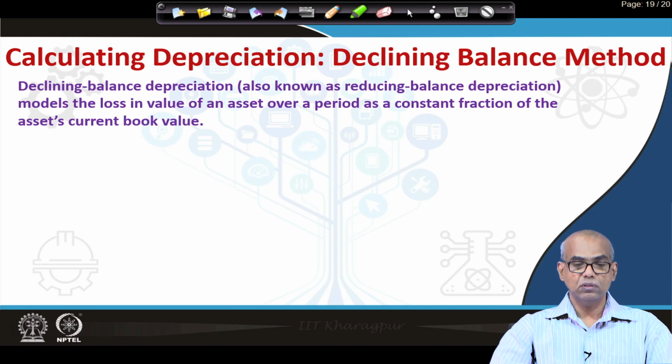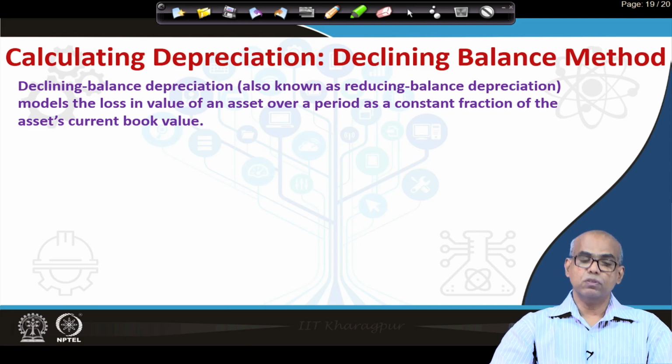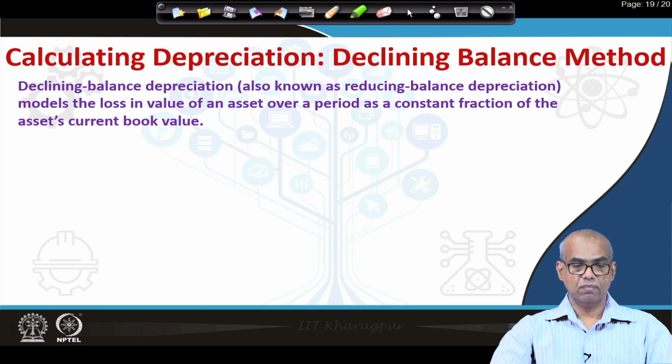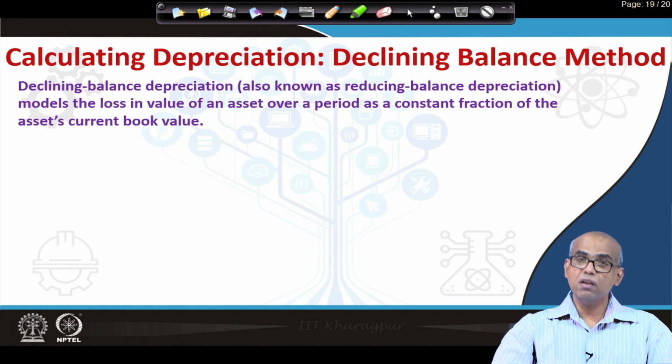Now, let us move on to the declining balance method. The declining balance method is also known as reducing balance depreciation. This is a faster recovery depreciation method compared to the straight line method.